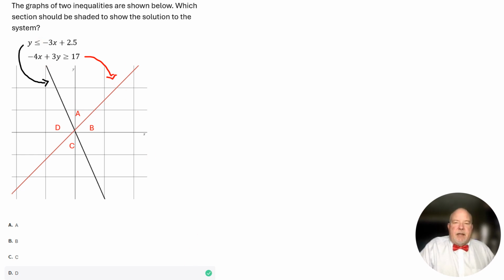Okay, so let's take the first one and I'm going to plug in 0, 0. I'm going to use 0, 0 for both of these inequalities. When I take the first one, I get 0 is less than or equal to -3 times 0 plus 2.5.